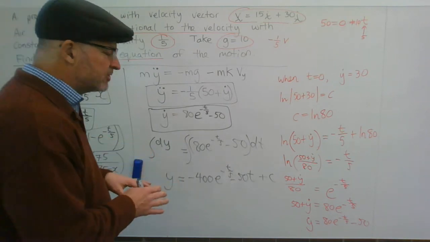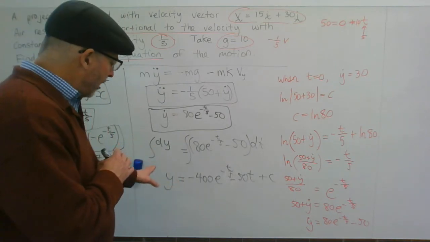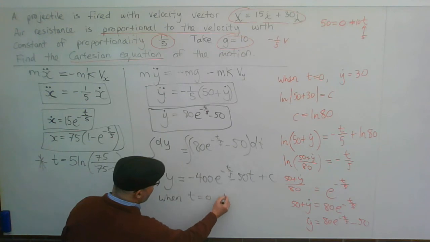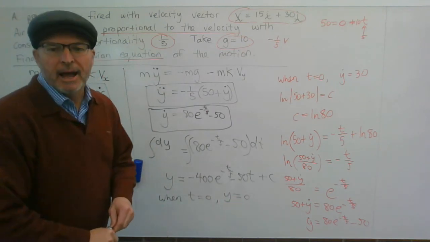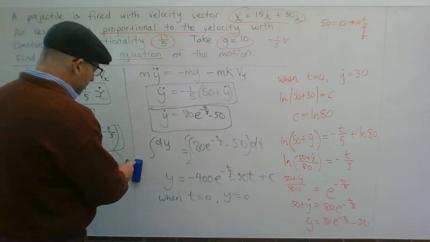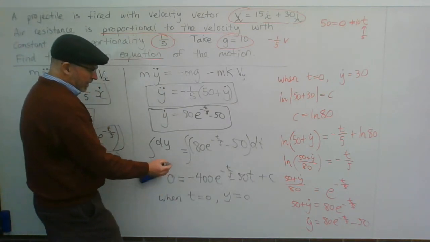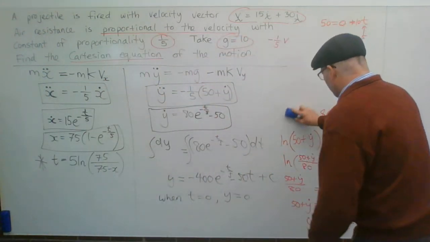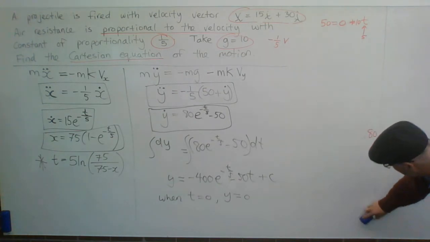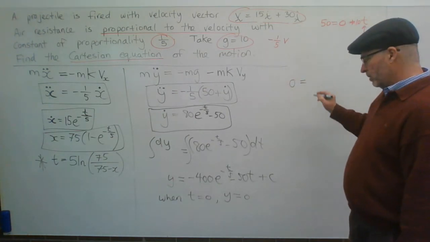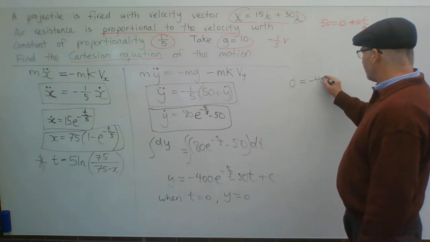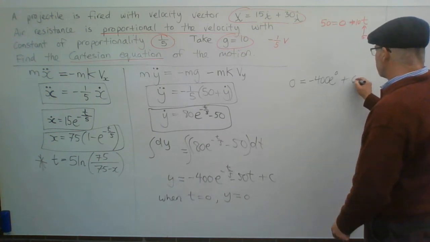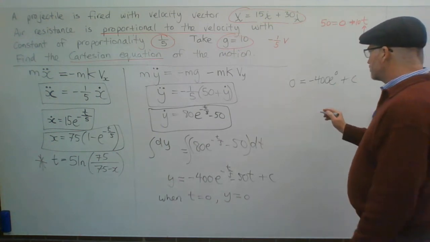So when t is 0, our y is 0. So we're now going to place that in there. 0 equals minus 400 e to the 0 minus 50 times 0, which is 0, plus c. And e to the 0 is 1, so c equals 400.